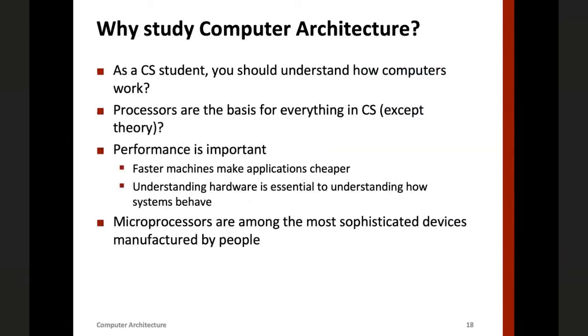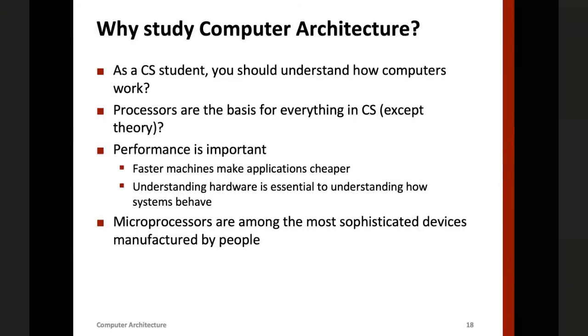Now the question that you may ask is why should we study computer architecture? The computer architecture that we are going to study will let us know how actually a computer works. Now, suppose your dad wants to use a laptop and he is not a computer engineer, then he may not need to know any of these, right? Because as a user of a computer, the computer gives you abstraction.